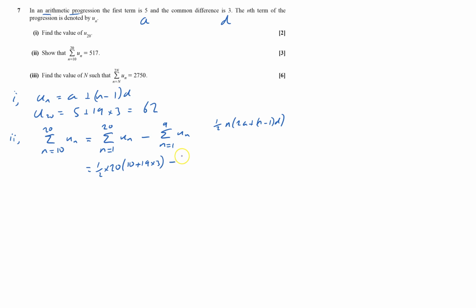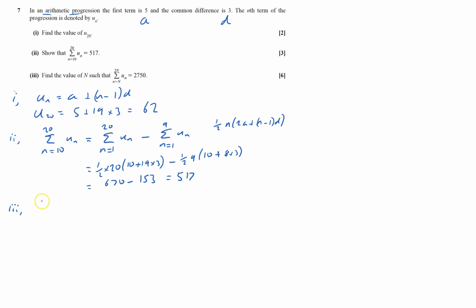That's the first lot, and then minus a half of n, which is 9, times 2a, which is still 10, plus n minus 1, that'll be 9 minus 1, that's 8, times 3. And then it equals 670 take away 153, which is 517.